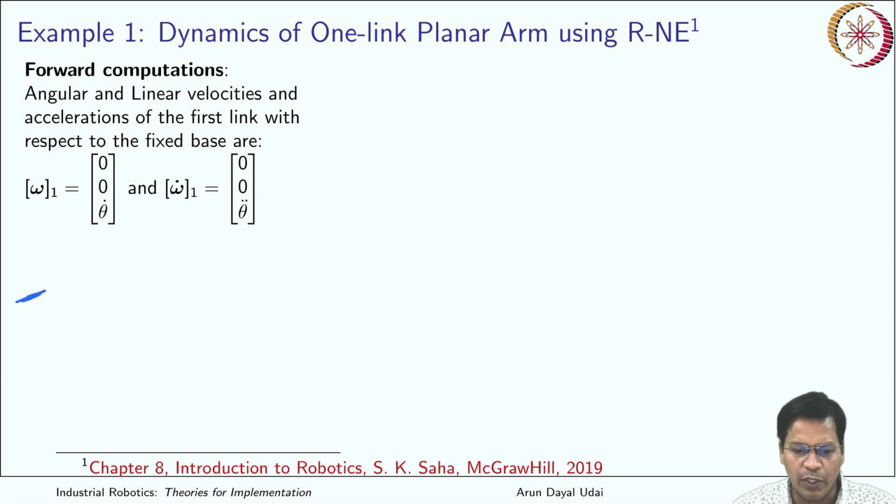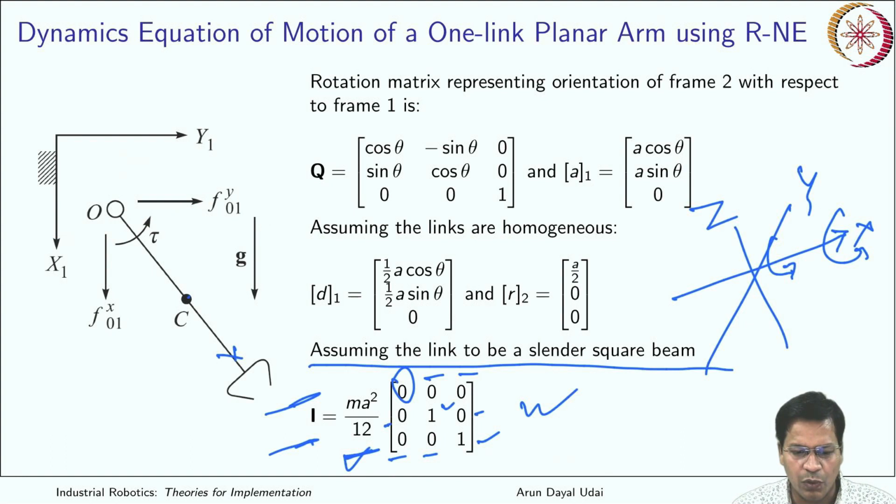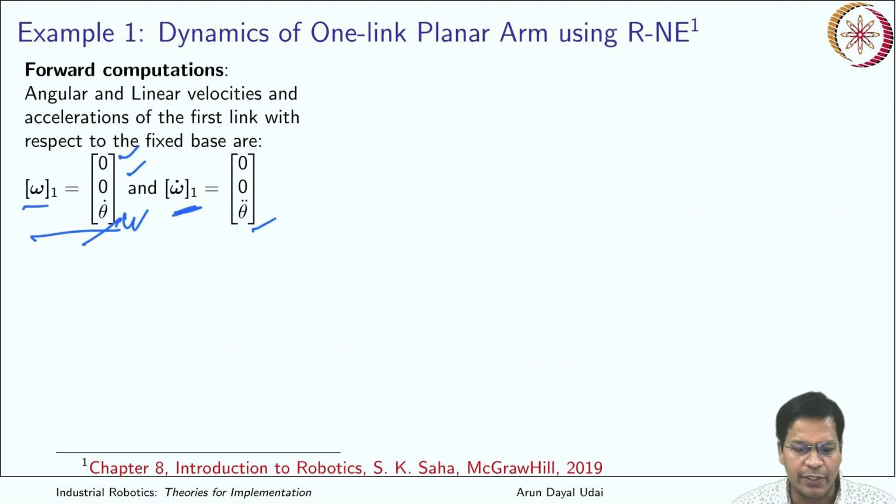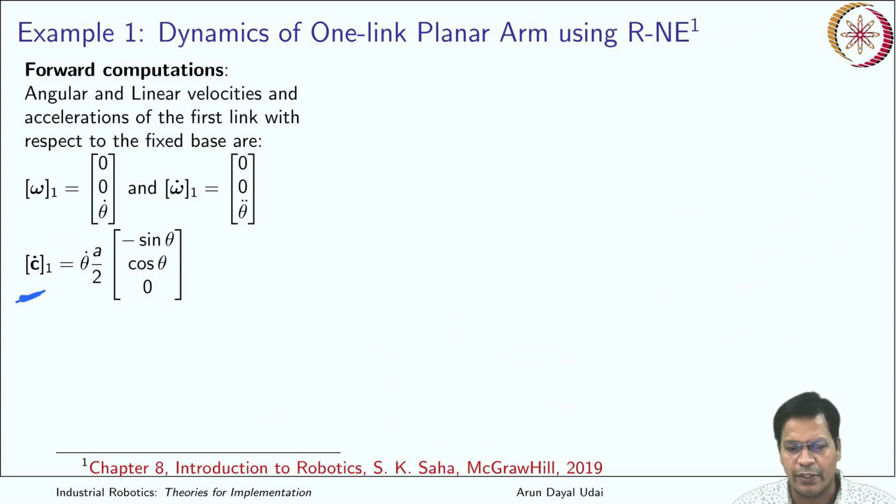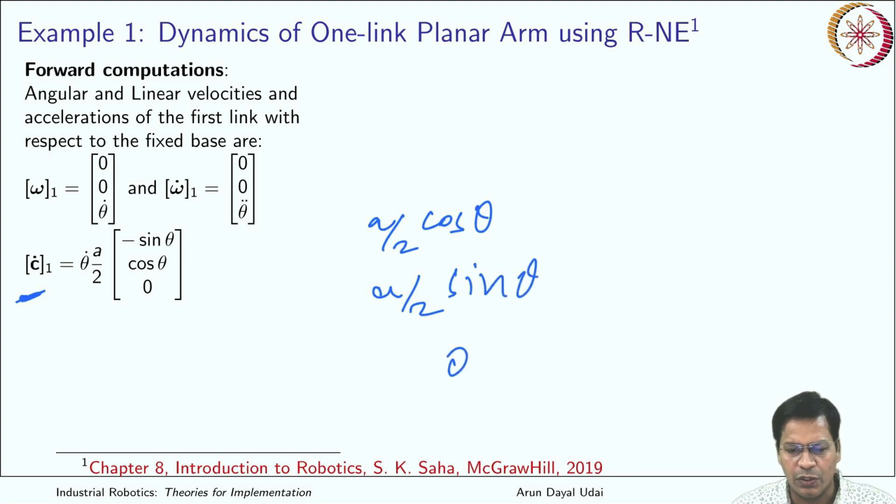So you already know what your position was. So you already know the location. So you can directly take the derivative of that and obtain Ci dot. Okay, so I did nothing. You already know that location. It was a by 2 cos theta, a by 2 sin theta and 0.